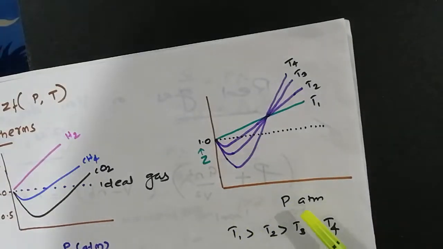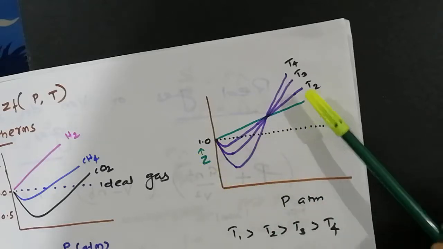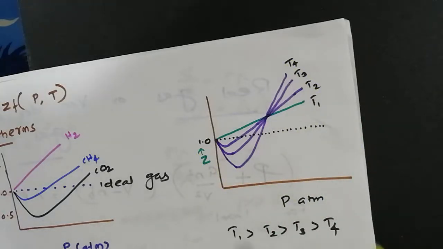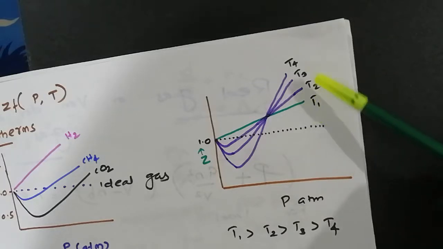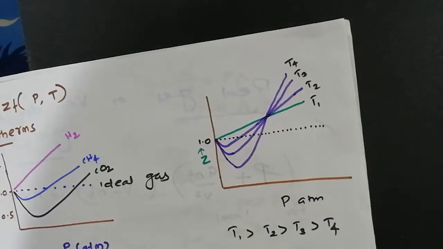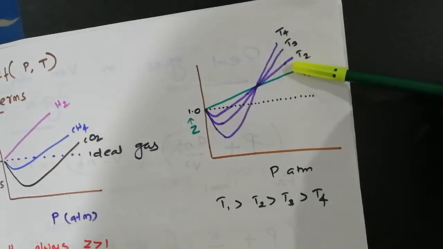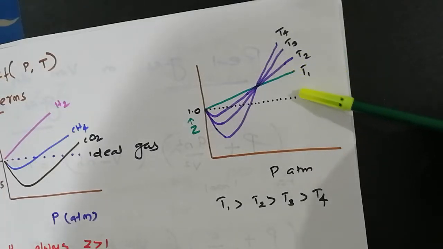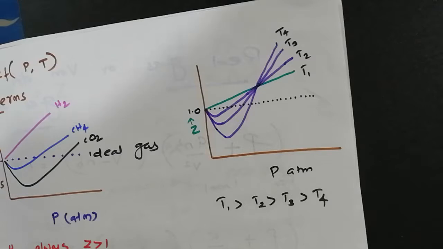Suppose you plot P versus Z of a gas at different temperatures. Look at here. This gas. Here T1 is greater. Therefore, when temperature increases, this plot slowly comes down and becomes equal to this dashed line at a particular temperature.